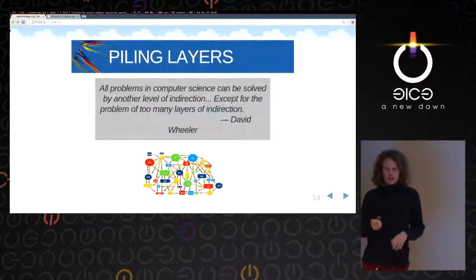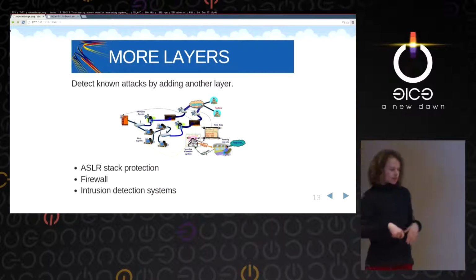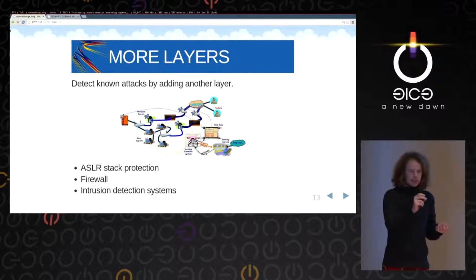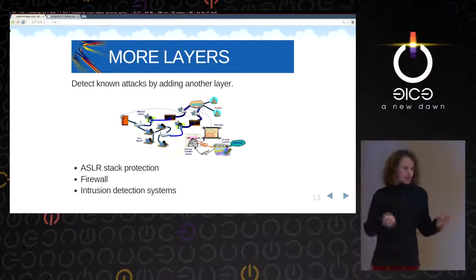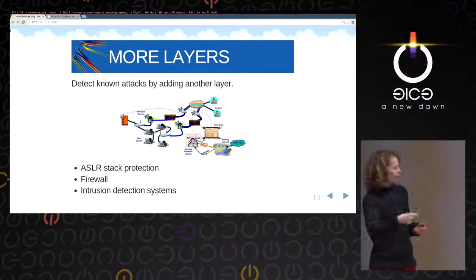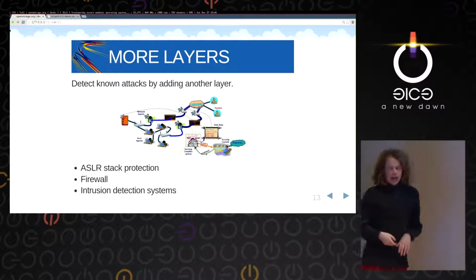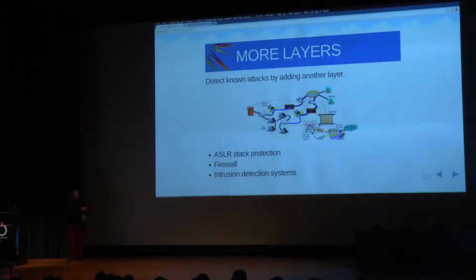So that's the other approach, actually, which is to just stack on layers and layers and layers, because each problem in computer science can be solved by adding another layer. And the problem is your setup gets really, really complicated, gets complex. And such layers are, for example, stack protection or firewalls or intrusion detection systems.